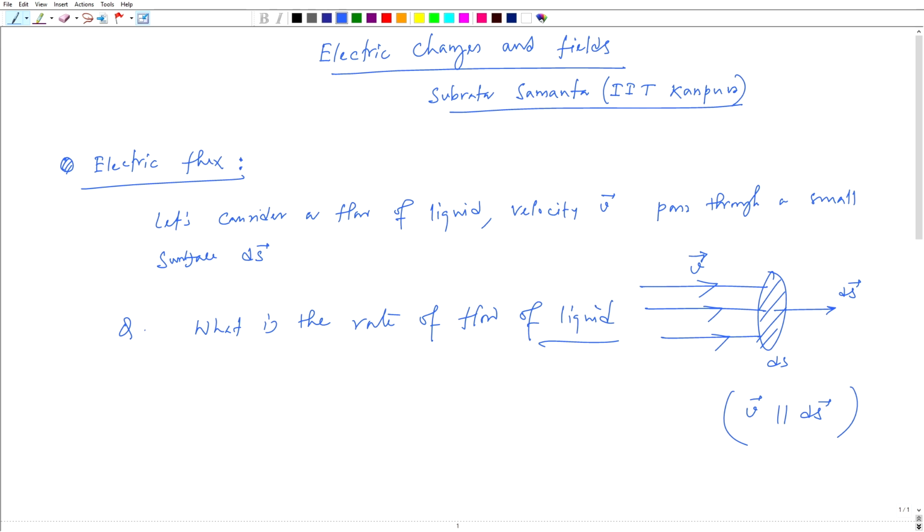Before that, the first question is what is the volume occupied by the liquid in time dt.